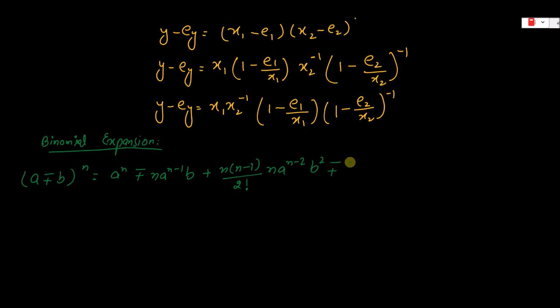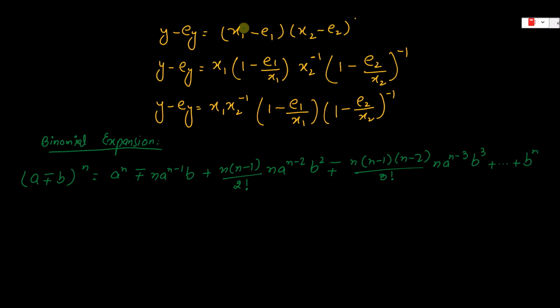Then you have plus or minus n(n-1)(n-2) over 3 factorial, a^(n-3) b^3, plus and so on up to b^n. So this is the general formula of binomial expansion.